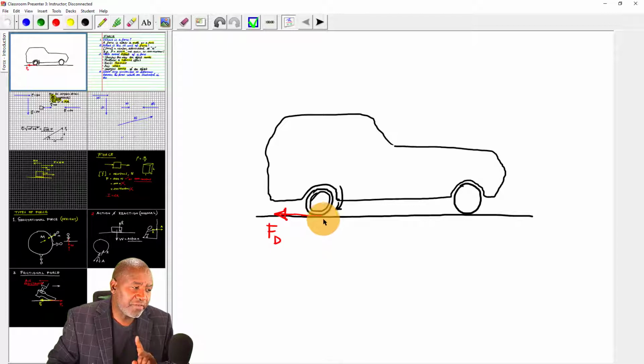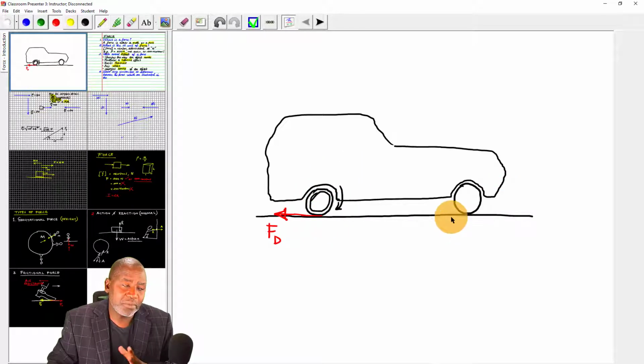Of course, this driving force is not on one tire. It's in all the 4 tires, if, for example, this one is a 4-wheel drive car. But if it is not a 4-wheel drive and the driving tires are these, then we concentrate on that part. But remember, whatever we do to this one applies to the others.